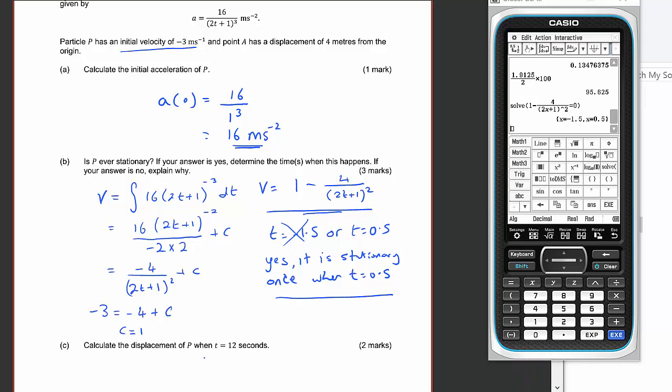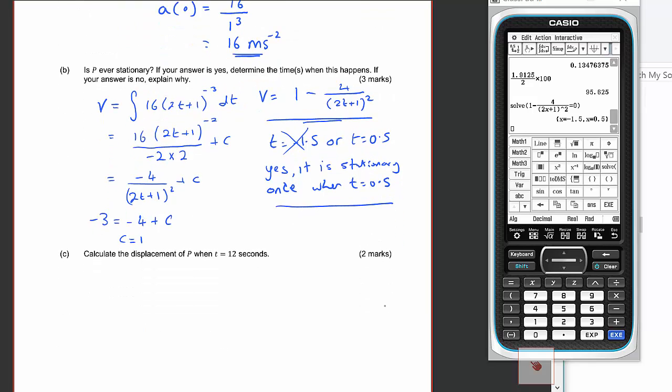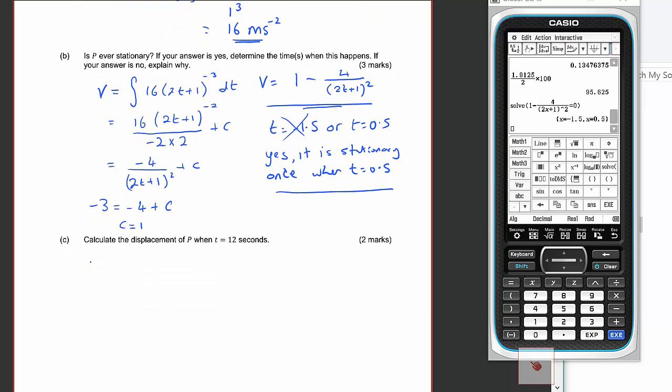Calculate the displacement of P when t is 12 seconds. Once again, you can do the integration on your calculator. So let's call that x, and that's going to be the integral of 1 take away 4 (2t plus 1) to the -2 dt. So that's going to be t take away 4 (2t plus 1) to the -1, divided by the new power and the differential of the inside.